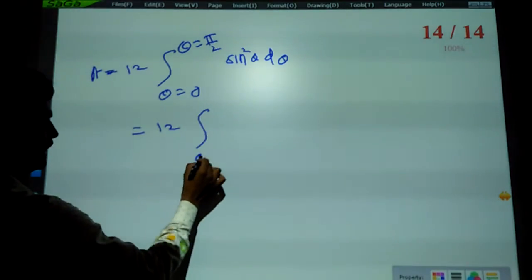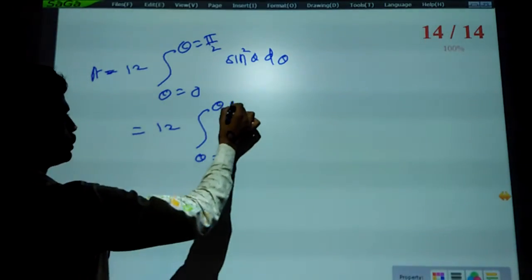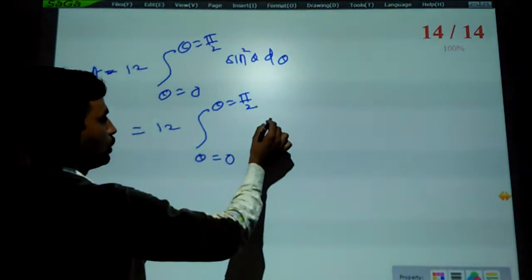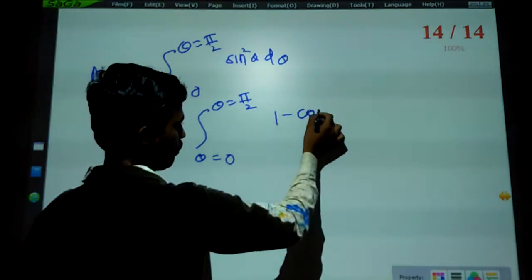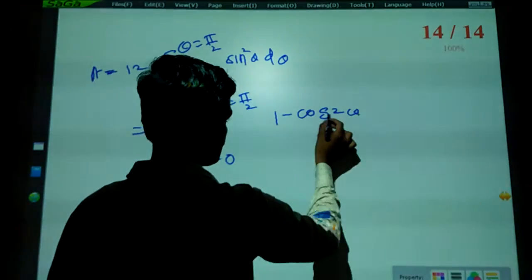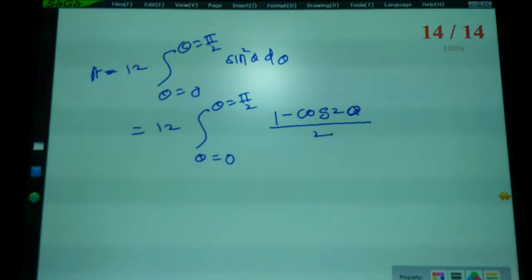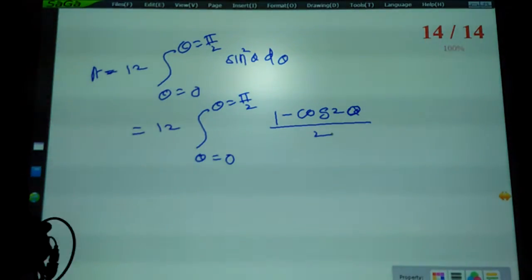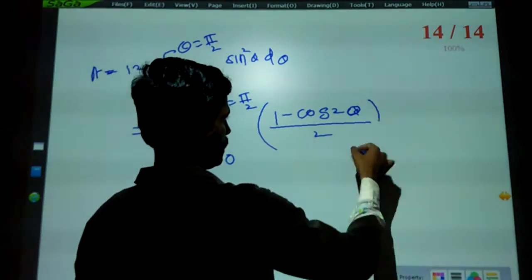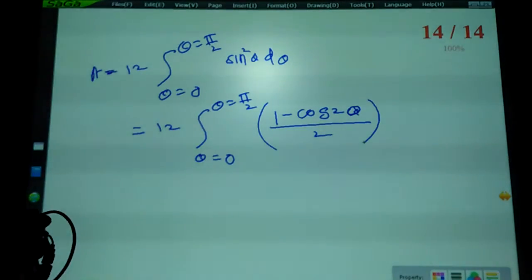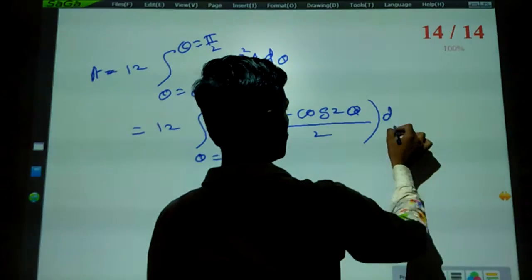What is the formula of sin square? 1 minus cos 2 theta by 2 into d theta.